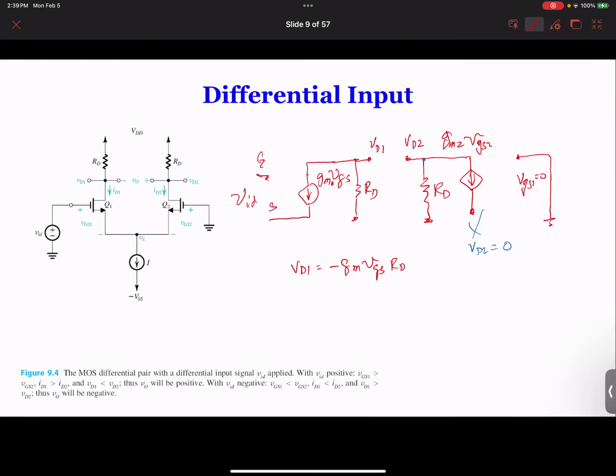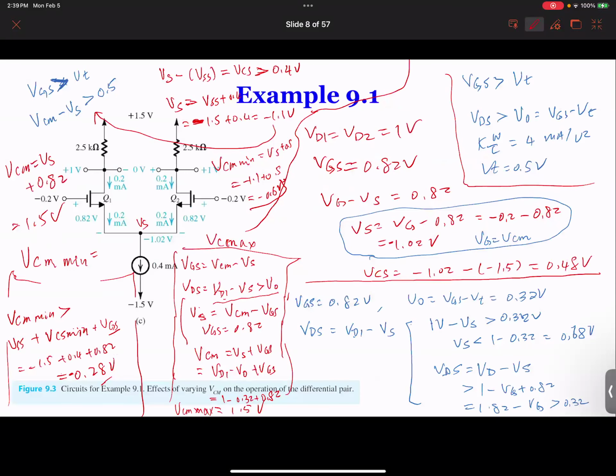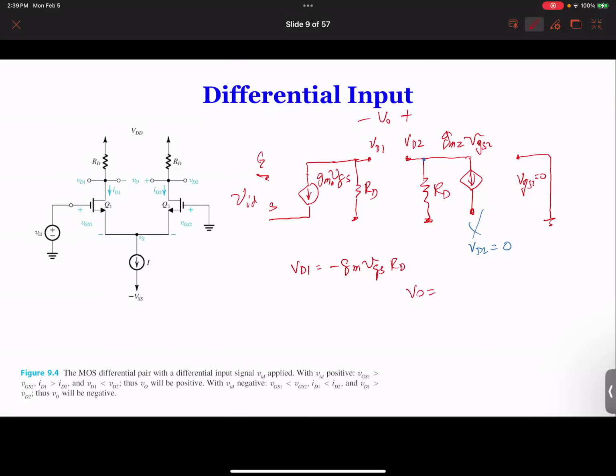So if we calculate VO, we have VO equal to VD2 minus VD1, equal to GM times RD times VID. So here we can calculate the gain, VO over VID, equal to basically GM times RD. So we got the gain of the circuit by simply doing the equivalent circuit.